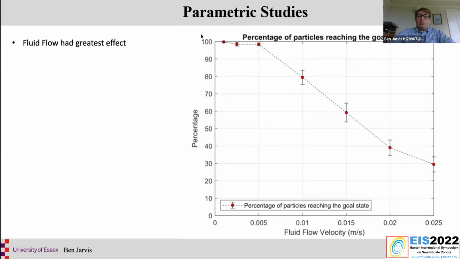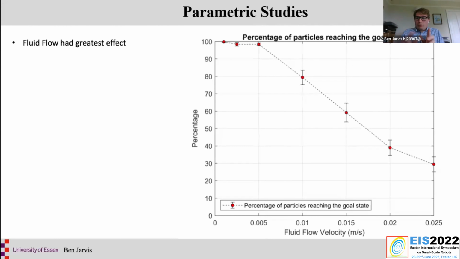So as you can see, for a lower simulated velocity, the user can get most of the particles to the chosen outlet with a couple of little hiccups, losing 1 or 2 particles maybe. And then from about 0.005 meters per second as the flow in the center of the channel, this then steadily decreases until you get to around 30% of the particles.